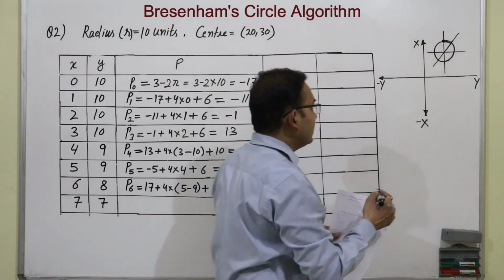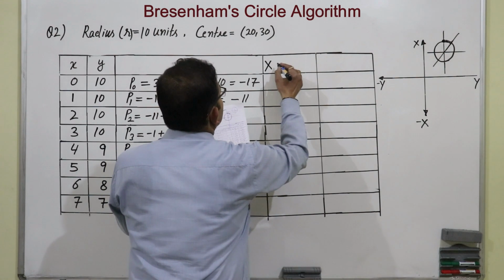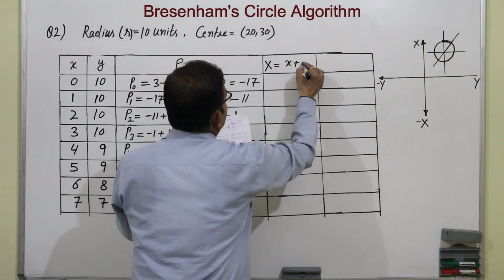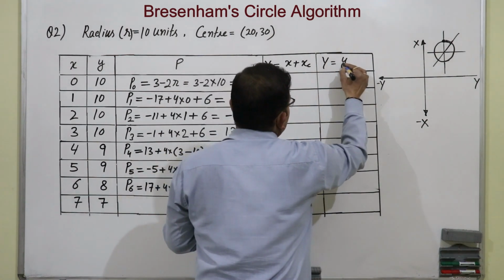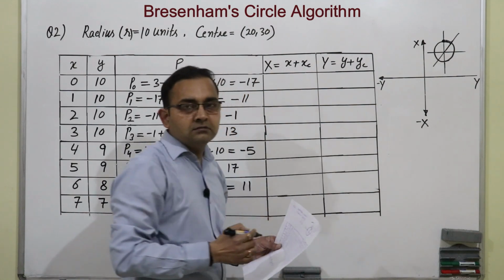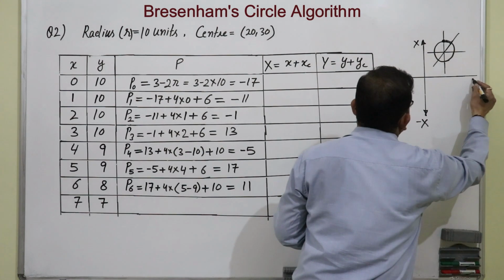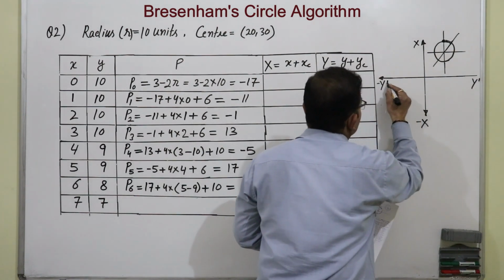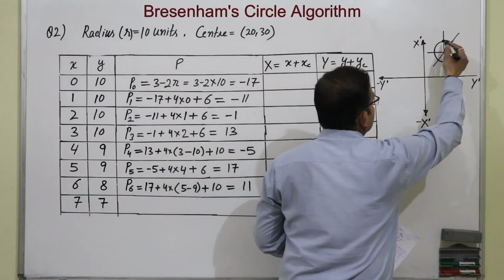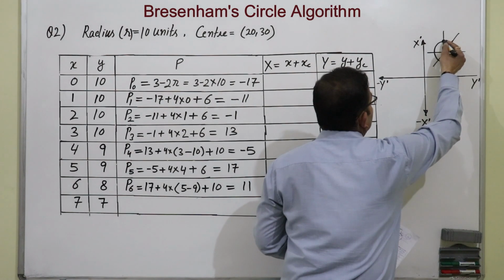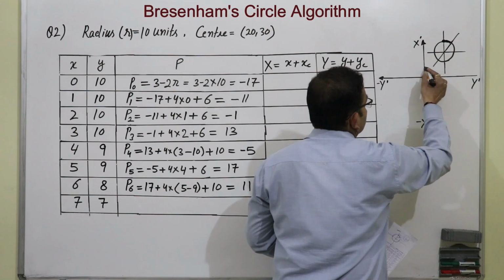Okay. So, I am writing here capital X equals x plus xc and capital Y equals y plus yc. To avoid confusion, I am writing it as x dash and y dash, and x, y are the coordinates of the circle at the origin.